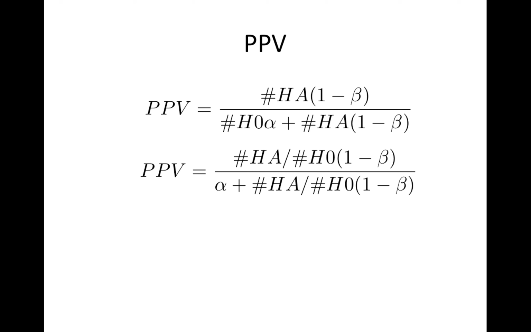So now it's just some simple algebra. I divide the numerator and denominator by the number where the null is true. So this becomes this ratio: the number where the alternative is true divided by the number where the null is true. If I divide the number of null by the number of null, it just cancels out to a 1, and then I have the number of alternative divided by the number of null.